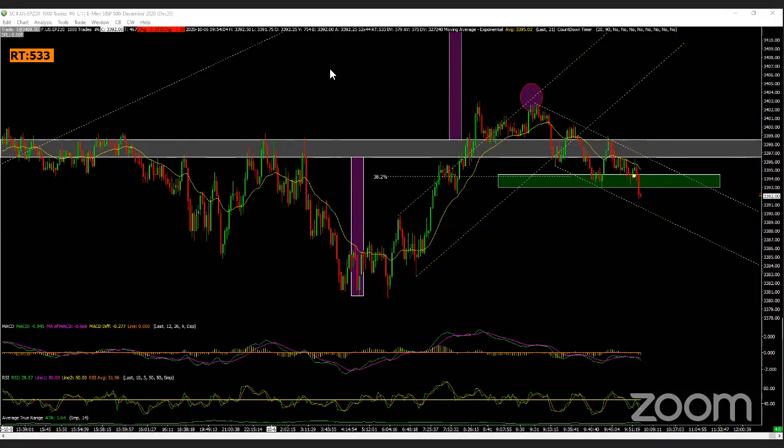But we're too high to look for a sell and even too high to buy. So it's going to be a little bit of a waiting game, I think, this morning. We're going to have to wait a little bit for her to pan out.